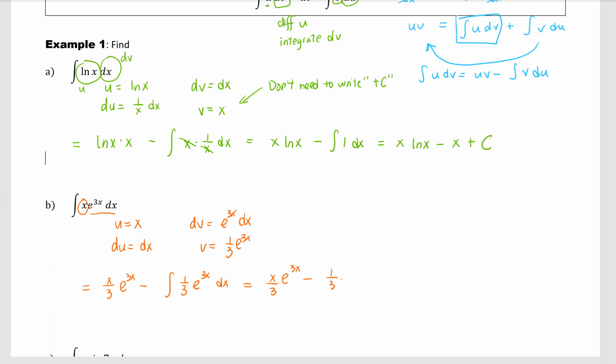That's e to the 3x divided by 3. So finally, x e to the 3x over 3 minus e to the 3x over 9 plus c. So this is the answer. So far, so good, everybody?